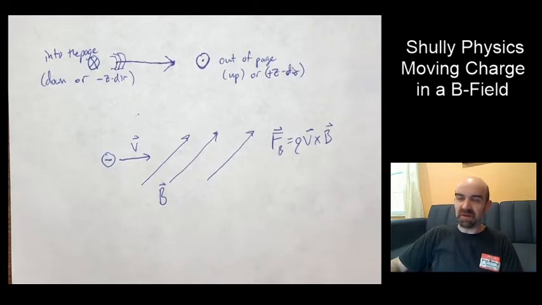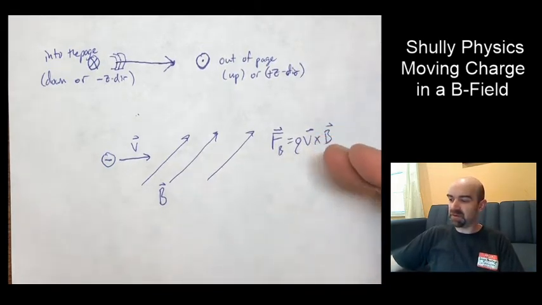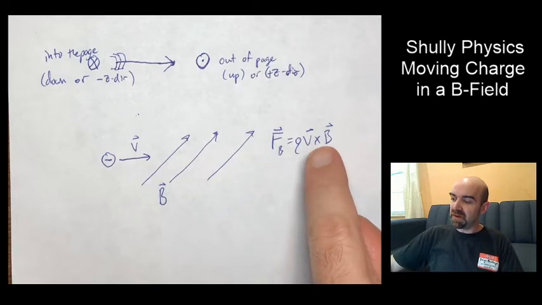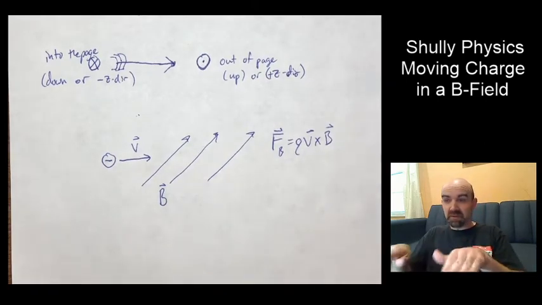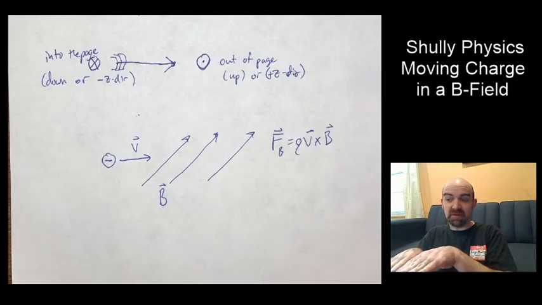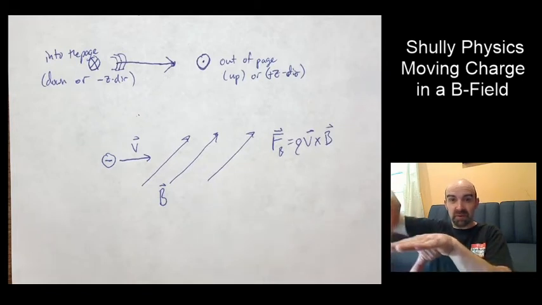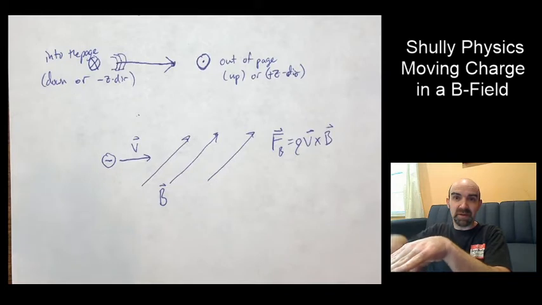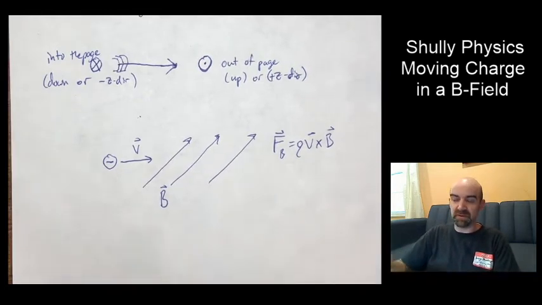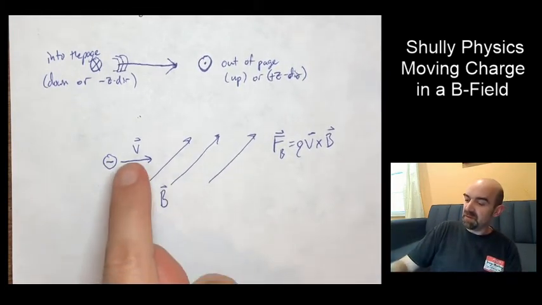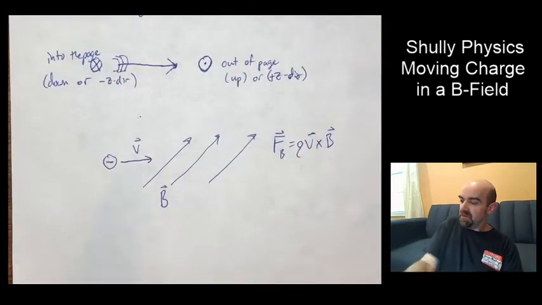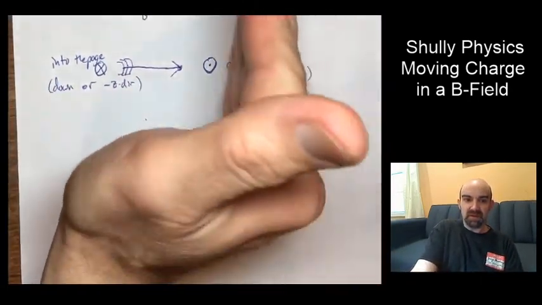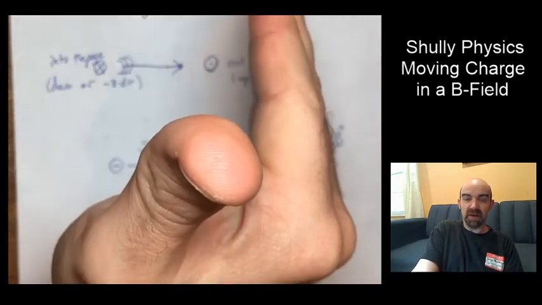If you didn't pick up on that part about the cross product, if you put the vectors V and B in the same plane, then the resulting direction is either going to be up out of that plane or down into that plane. It's always going to be perpendicular to that plane of the two vectors. So V and B are still in the plane of the page, so V cross B is still going to be up out of the page.